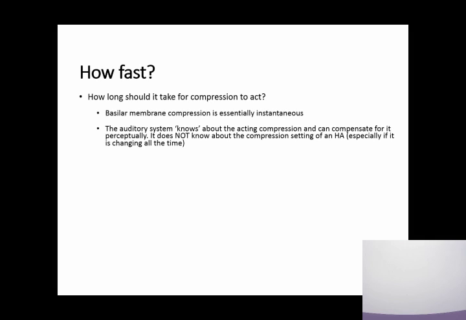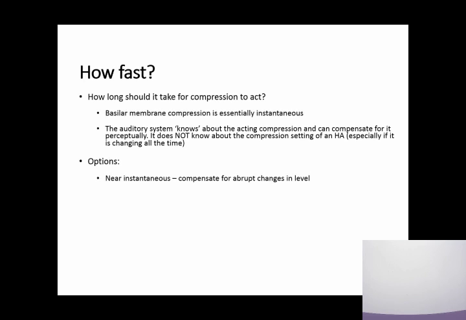So we have a control gauge somewhere in our brain that knows, at this moment we apply that much compression. And we can compensate for that. And perceptually, for us it's fine. In a hearing aid, I can't do that. If my hearing aid at every time instant uses maximum compression, it would sound horrible to me, because I can't compensate for that knowledge, especially if the compression changes all the time.